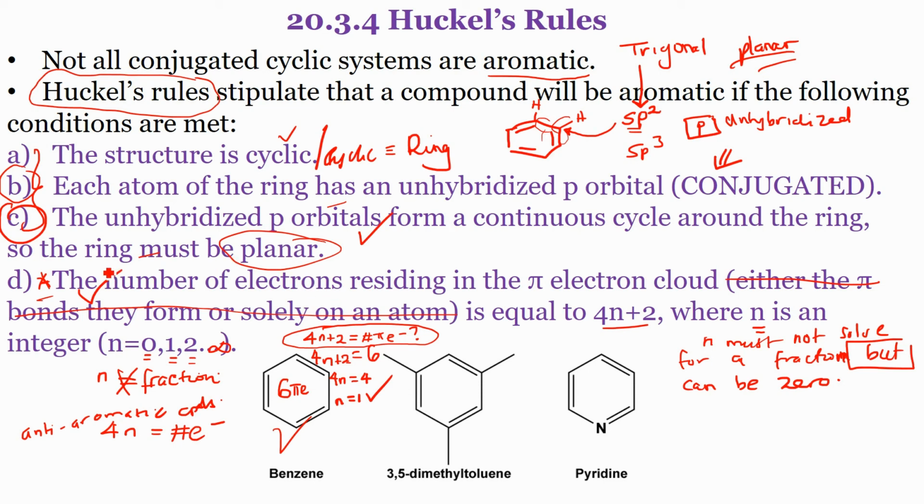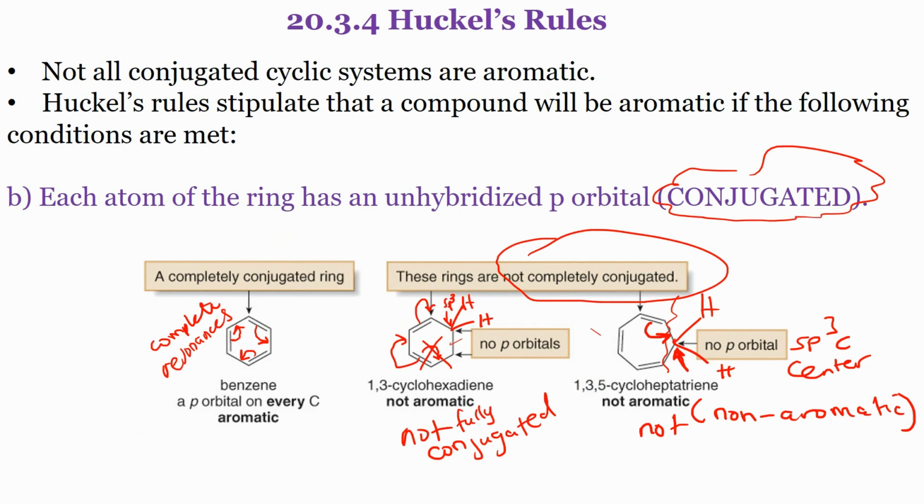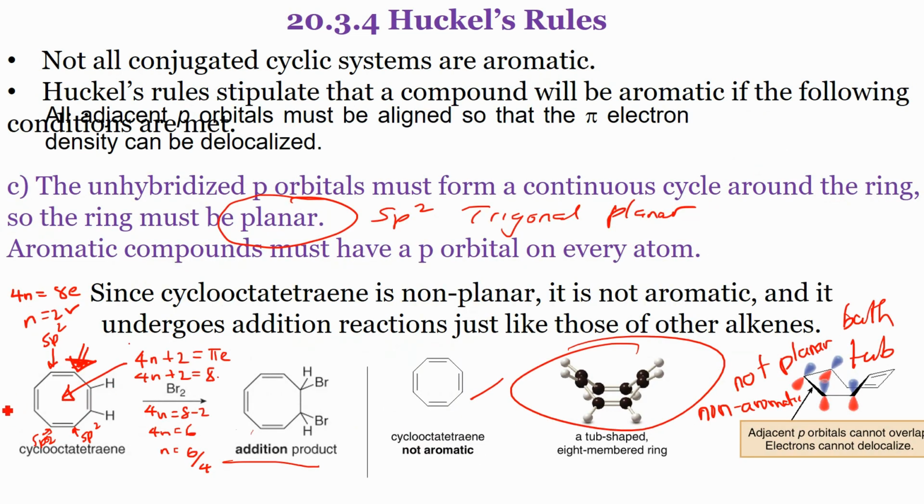So a molecule that fails rule 3 will automatically fail rule 2. So I'll classify this structure as non-aromatic, because like I said, non-aromatic structures will fail either rule 1, 2, or 3, or a combination of those.